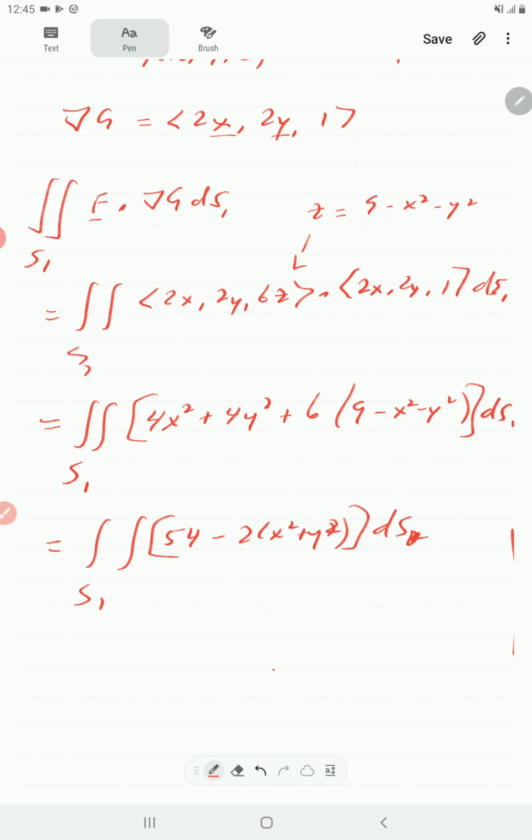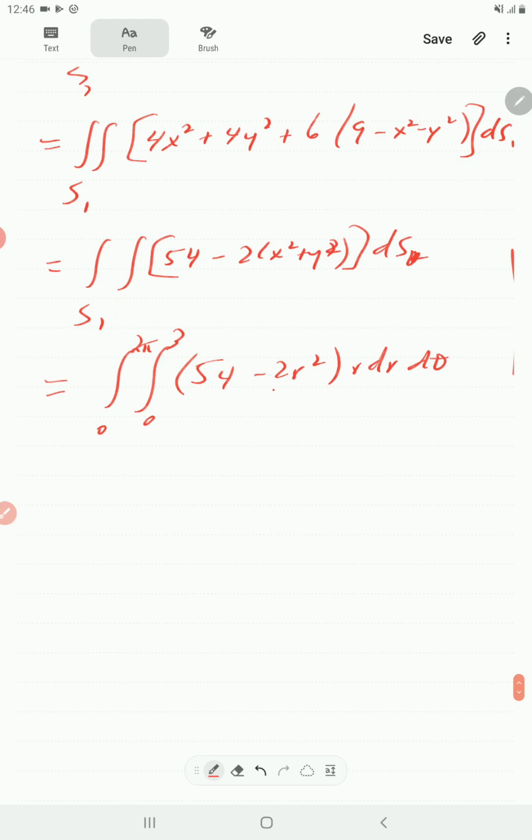dS1. The limits are now in terms of x and y, and we know that in terms of x and y the extent of the paraboloid is from 0, 0 to the boundary x squared plus y squared equals 9. So what we're going to do at this point is convert to polar. If we convert to polar, this is simply 54 minus 2r squared, r dr d theta, r from 0 to 3, theta from 0 to 2 pi. Then this is going to be 2 pi from the theta integration.